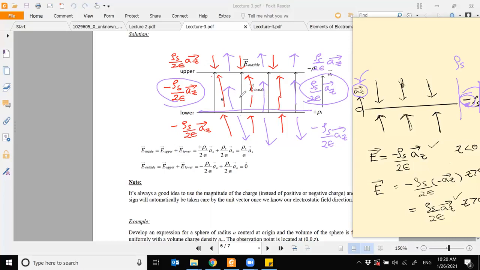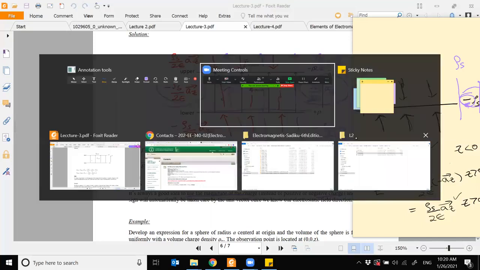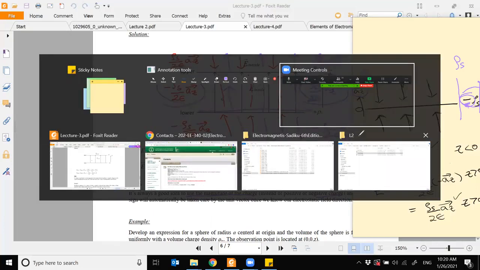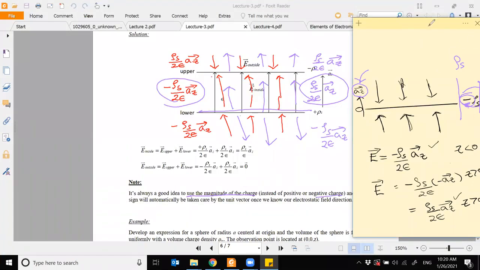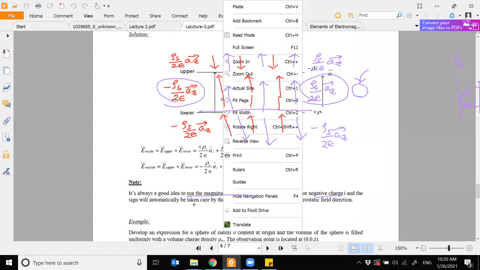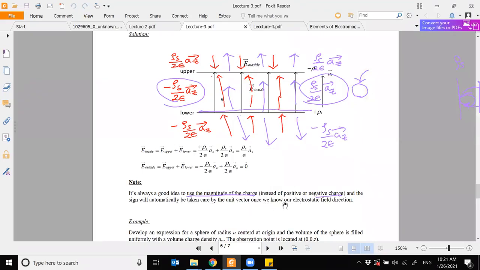The best solution to this, I would suggest, is to use the magnitude of the charge instead of the positive or negative charge, and the sign will automatically be taken care of by the unit vector, once we know our electrostatic field direction.